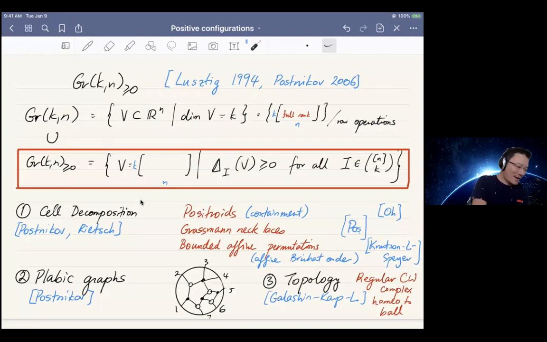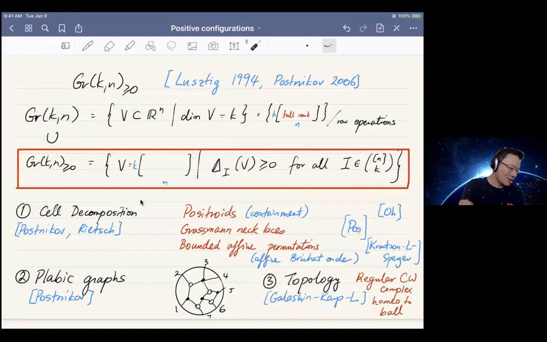Here's a k by n matrix, where k is less than n. The maximal minors are the k by k minors, and they are indexed by which columns we use. You pick a collection of columns, and that gives you a minor. The determinant of that submatrix is the Plücker coordinate, and you insist that they're all non-negative.